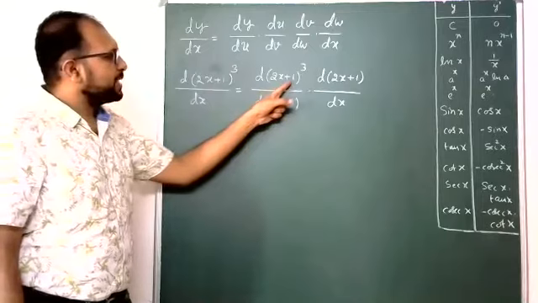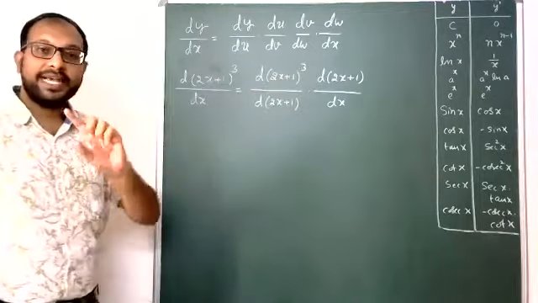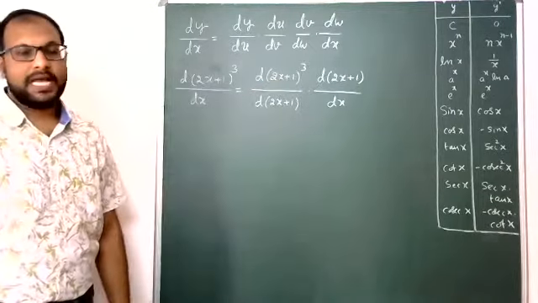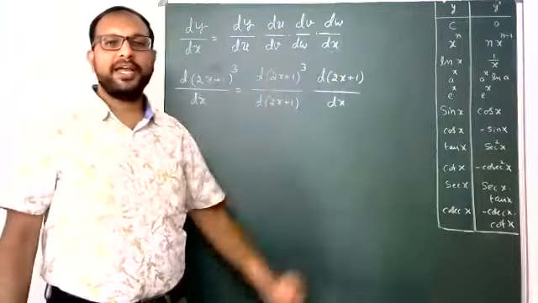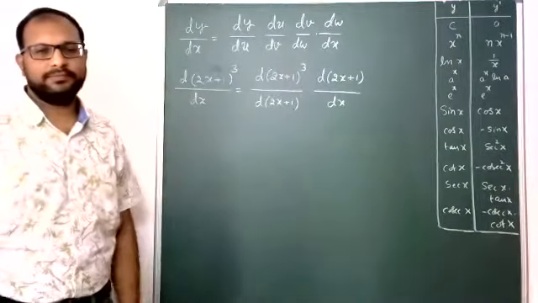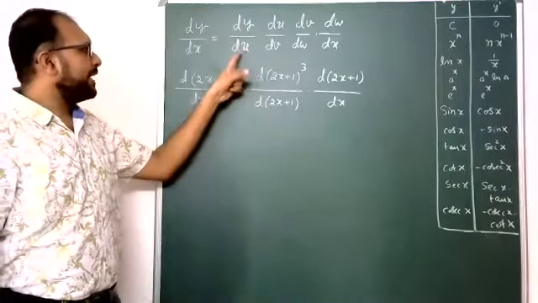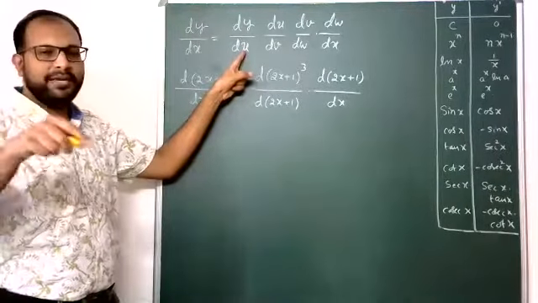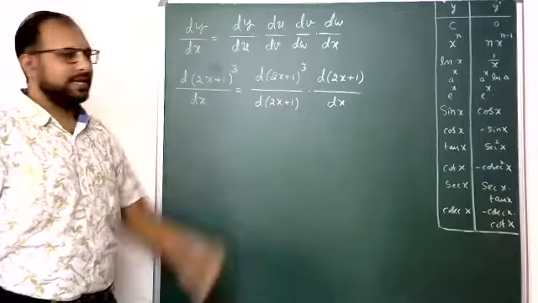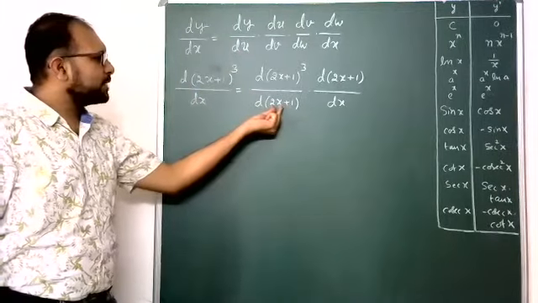So in 2x plus 1 whole cube, 2x plus 1 is again one function. That's why you can't directly use the x to the power of n principle. So here u is nothing but, in my view, 2x plus 1.